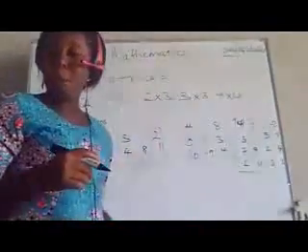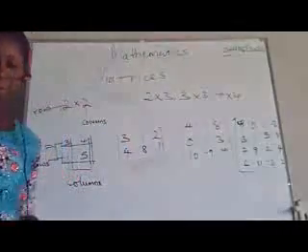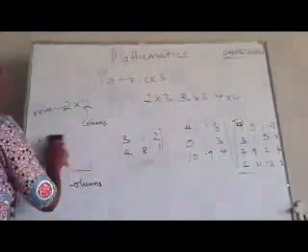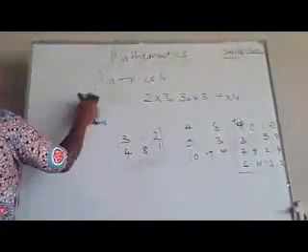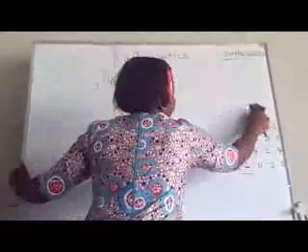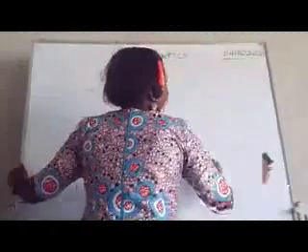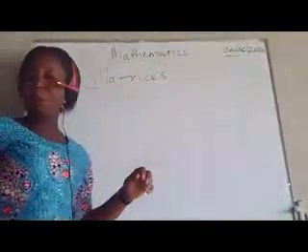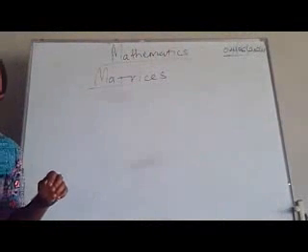That's called a 4x4 matrix: 4 rows and 4 columns. Okay, by now you should be able to give examples of 2x2, 3 by 2, 3 by 3, and 4 by 4 matrices.